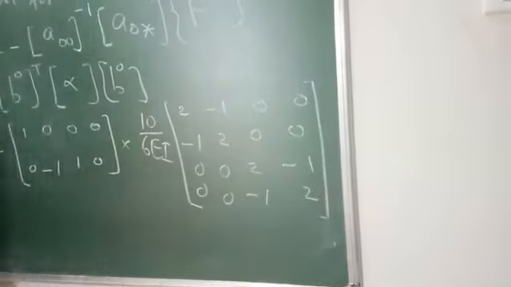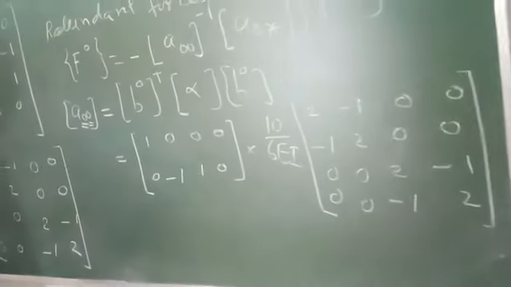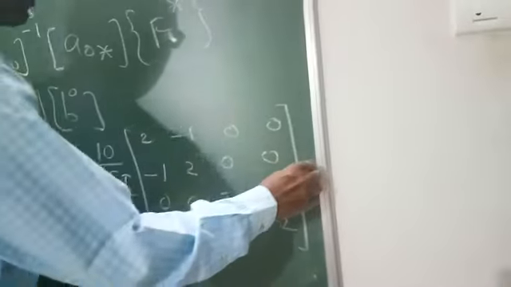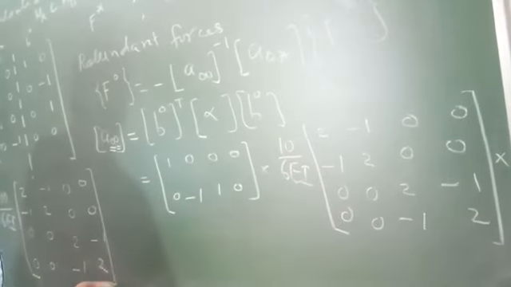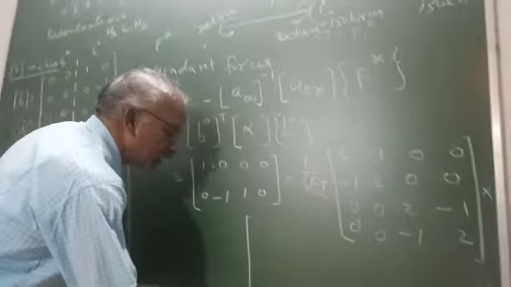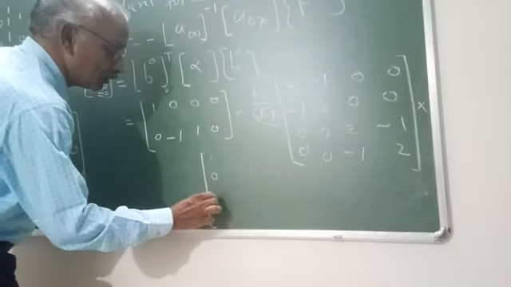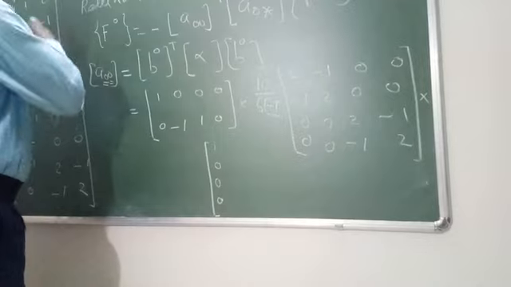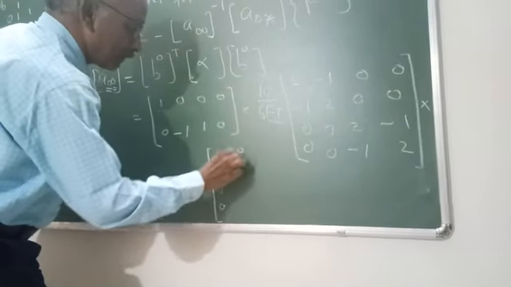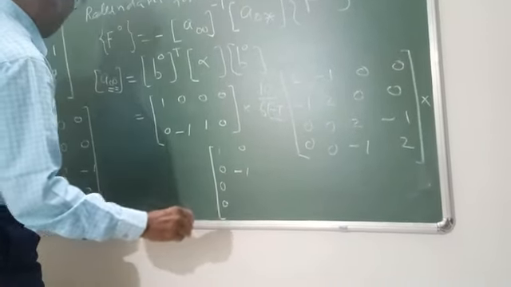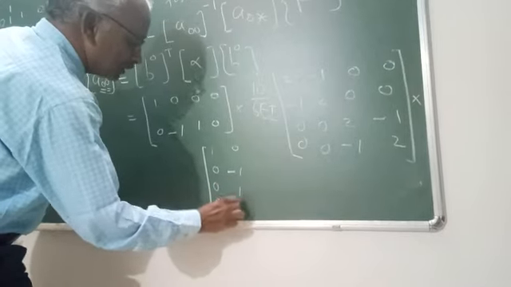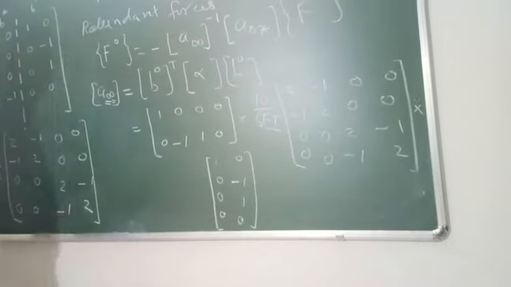This is the alpha matrix. And again, B naught into B naught is equal to 1 0 0 0, 0 minus 1 1 0 minus 1 0.